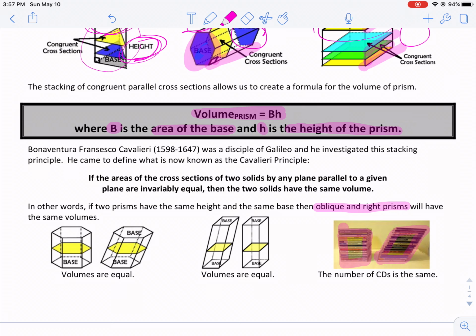Even though it might look like that stack takes up more space than the stack to the left, the number of CDs is the same, and they still technically have the same volume. The one on the right just looks like it takes up more space because it's slid over or tilted. But their volume, or the amount of space they actually take up, is technically the same.